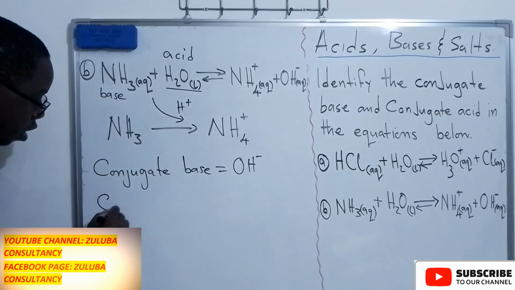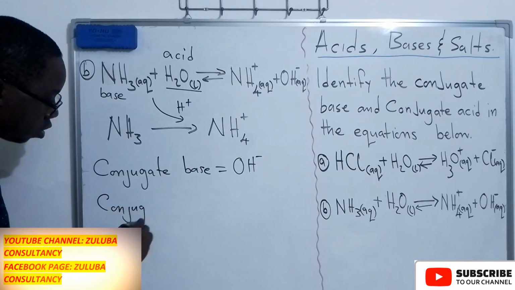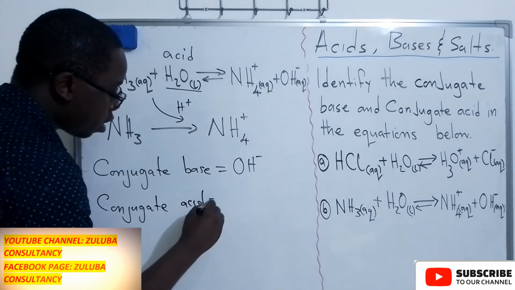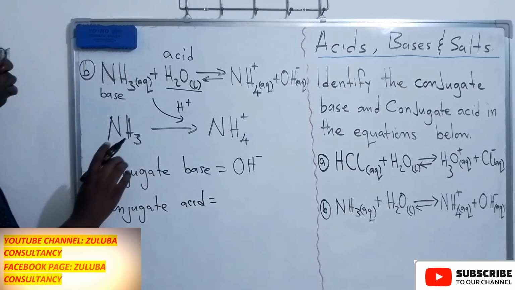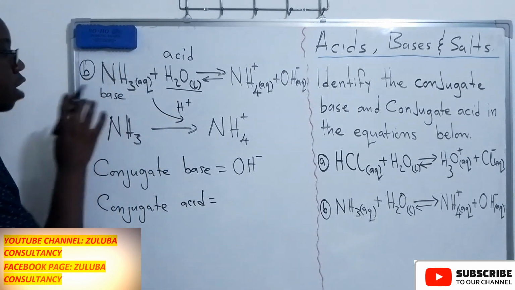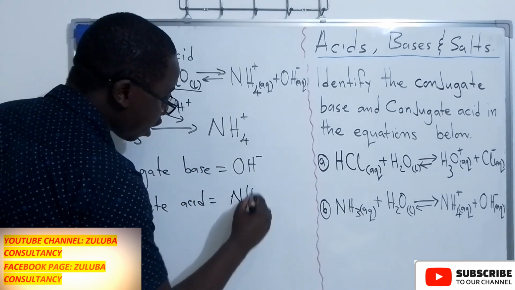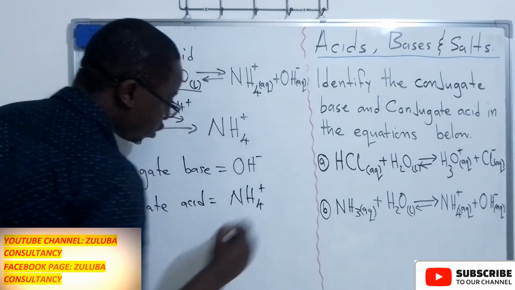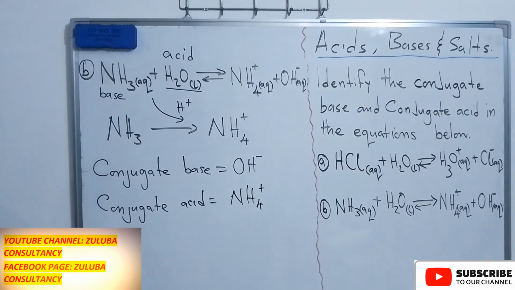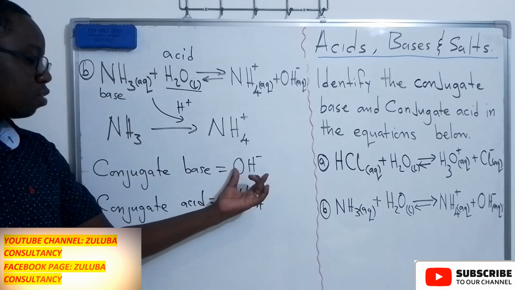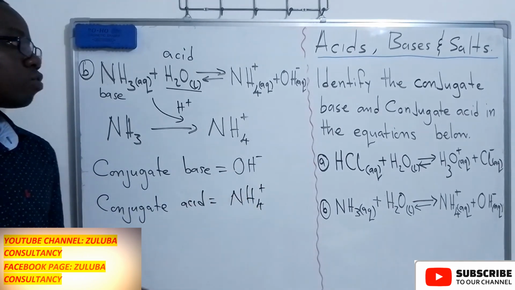Then the conjugate acid is what is formed when a proton reacts with a base, which is NH4 positive. So we have identified that this is the conjugate acid and this is a conjugate base.